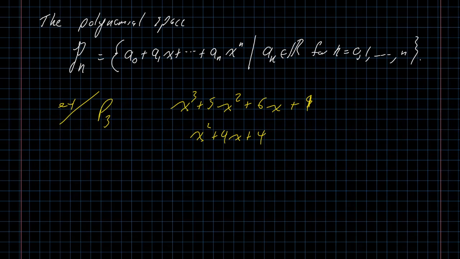X squared plus 4x plus 4 is also a polynomial in P3. You would call this a second degree polynomial, but for the purposes of linear algebra, we can accept it as a third degree polynomial because we really mean degree 3 or smaller whenever we say third degree.